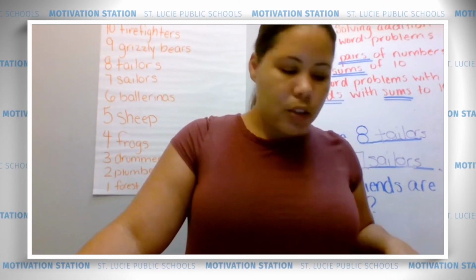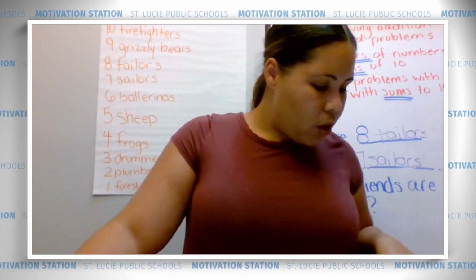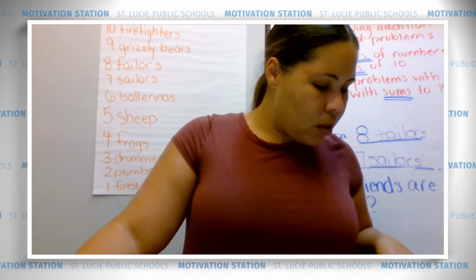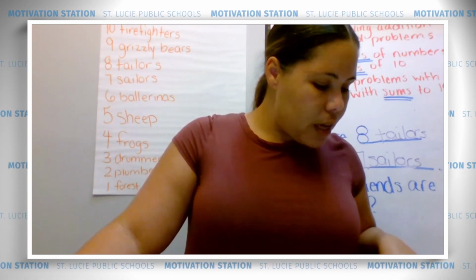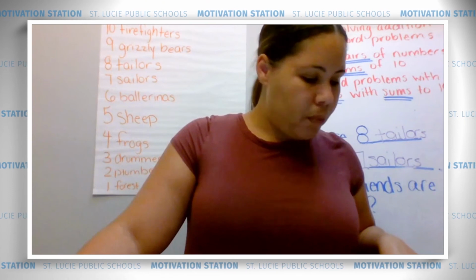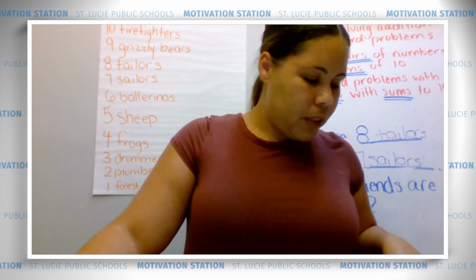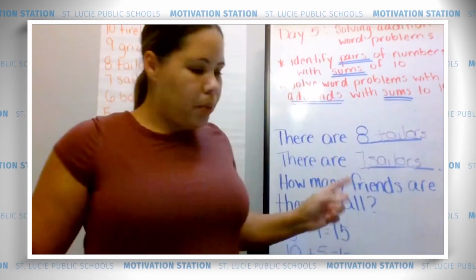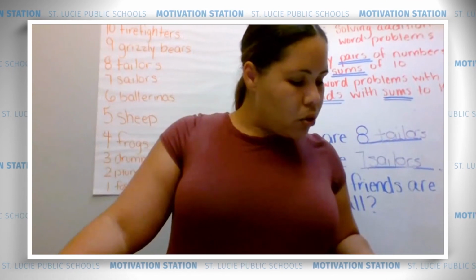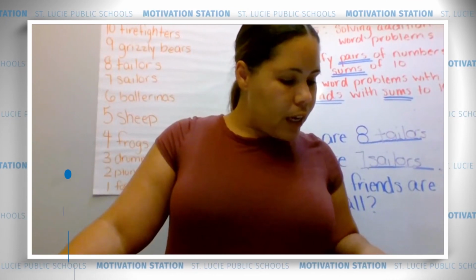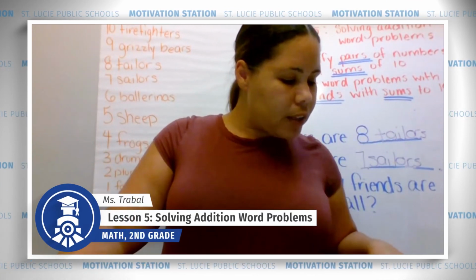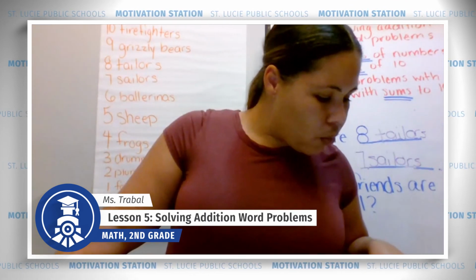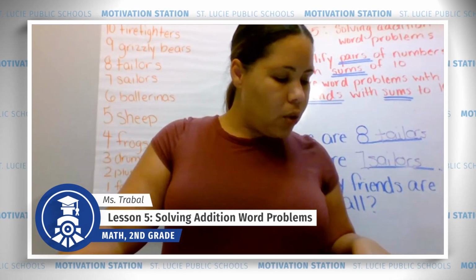How many friends are there in all? Step 1, read the problem. Step 2, color the 10 frames to match the problem. That was our problem that we did first on our board. So we put the green tiles and then the yellow tiles. And step 3, write your 2 addition equations.